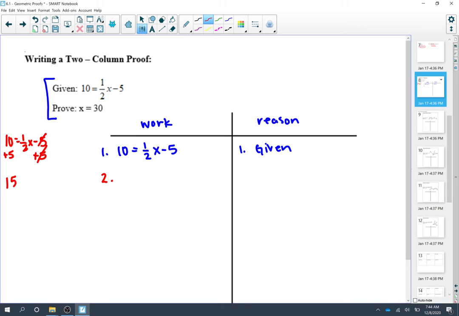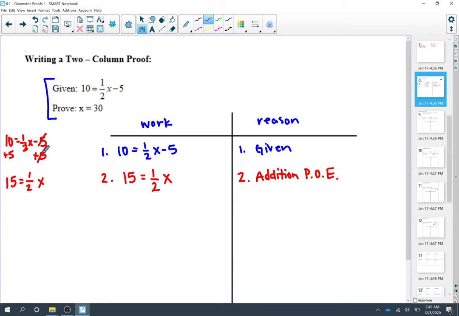That's going to give you 15 equals 1/2 x. So the only thing I want to see here in this proof is 15 equals 1/2 x. Now, your reasoning, why? Well, we added 5. That is the addition property of equality.